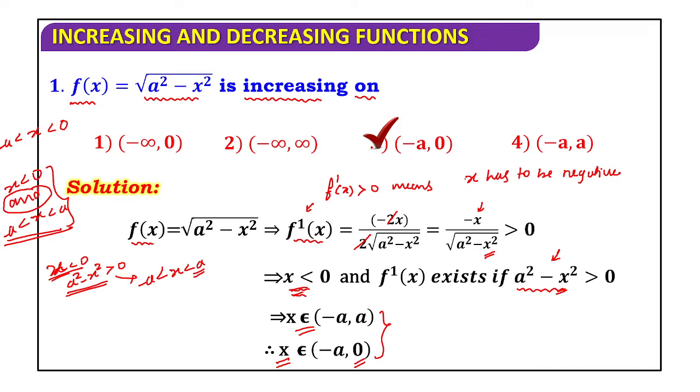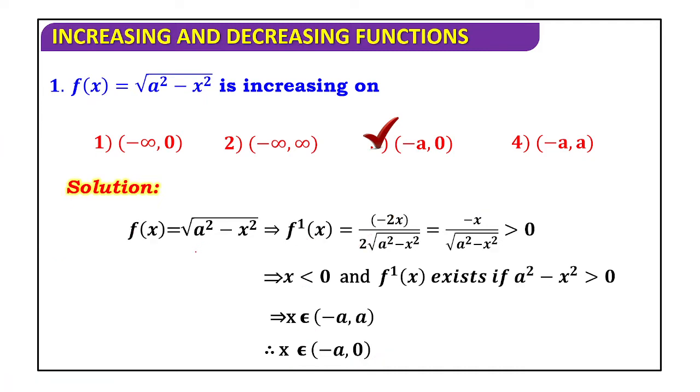That is option 3. The very important thing here is that you have to differentiate the given function. After the differentiation, it will be minus 2x divided by 2 times root of a square minus x square.